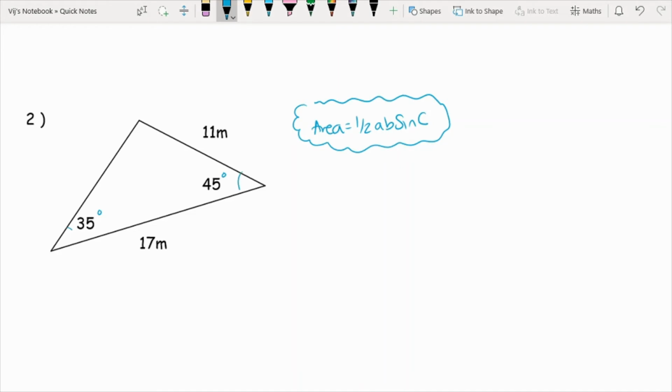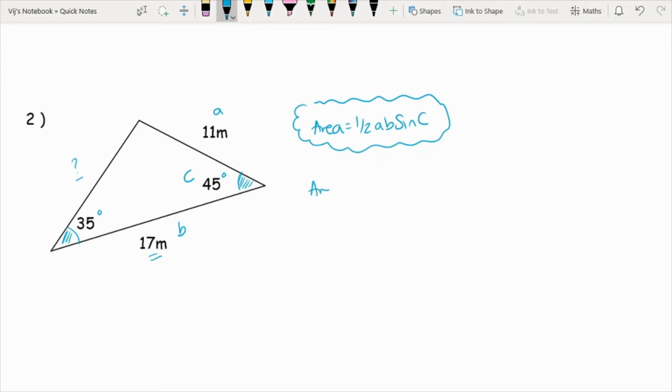In the 35-degree angle I've got one connecting side, but unfortunately I don't know what the other side is. As I've got 11 and 17 forming the angle of 45, I'm going to label this as C, this as lowercase a, and this as lowercase b.